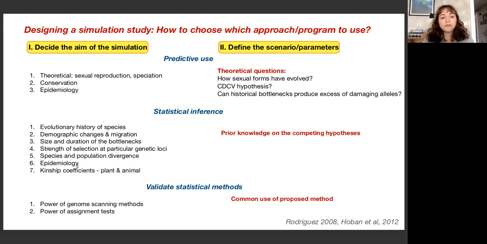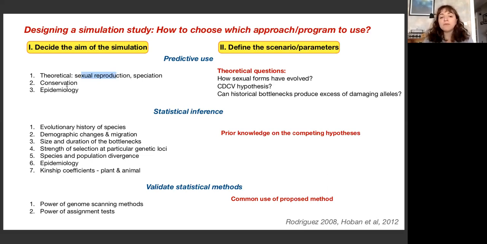So after deciding the simulation study's aim, what we do is define the scenario and the parameters. While defining the scenario, if we have a predictive purpose, then we need to consider the theoretical questions. If you study the sexual reproduction, for example, then your question might be how sexual forms have evolved.